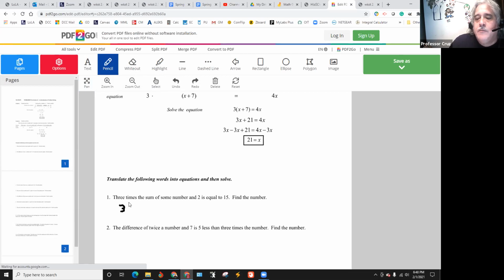Three times the sum of some number and 2 is equal to 15. Does that make sense? 3 times the sum, and the sum is some number, which is x, and a 2. Then 3 times x is 3x, 3 times 2 is 6.